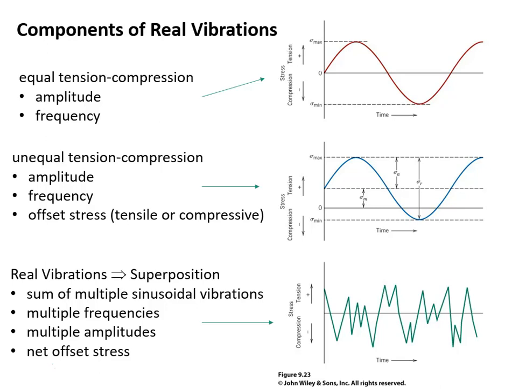The nice thing is almost any combination of real vibrations can be created by superimposing different amplitudes and frequency combinations of sinusoidal loads. So the fact that real vibrations are the sum of something that we can apply regularly in the lab gives us insight in how to study it. In most cases we will bound any kind of unknown real vibration with a combination of what we call high cycle, meaning low amplitude, high frequency vibrations, and low cycle, which is high amplitude, low frequency.